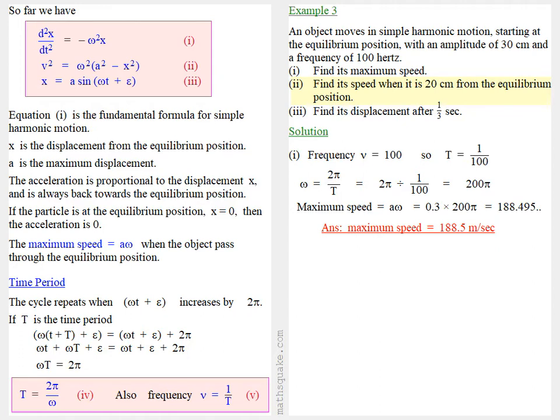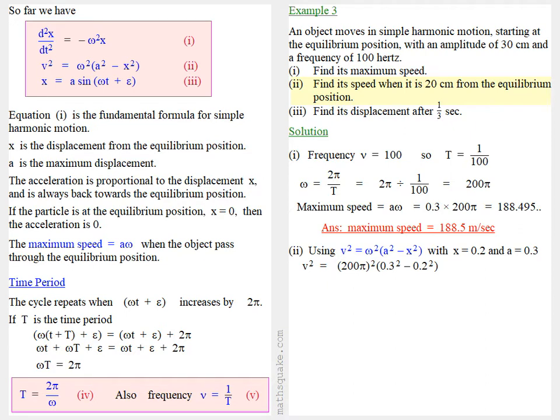Now in part 2, we're asked to find its speed when it's 20 centimeters from the equilibrium position. Well, in this case, we can use the equation v squared equals omega squared into a squared minus x squared, with x equal to 0.2 and a equal to 0.3. So v squared is 200 pi all squared times 0.3 squared minus 0.2 squared.